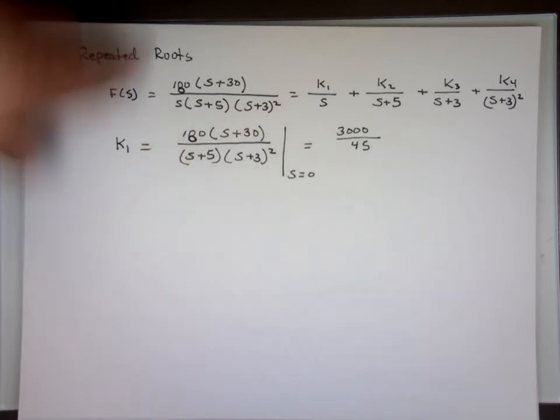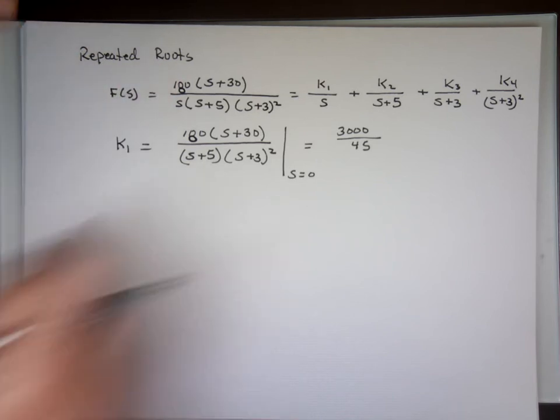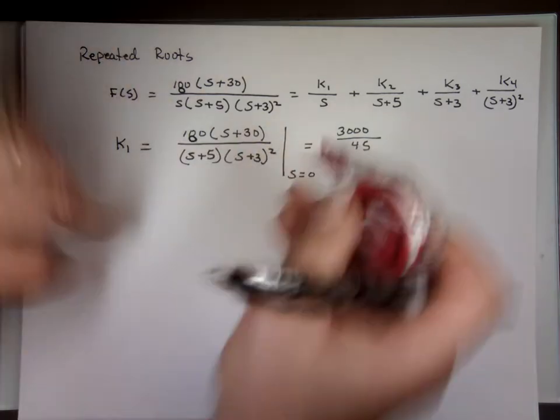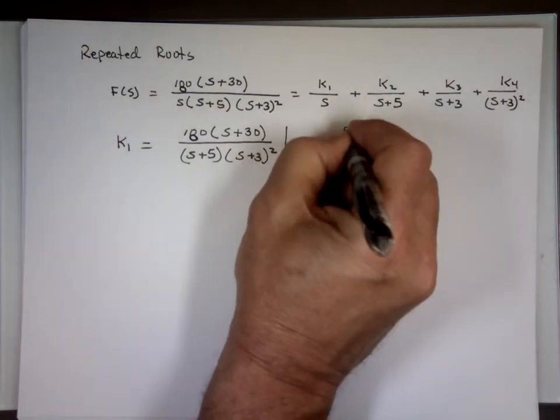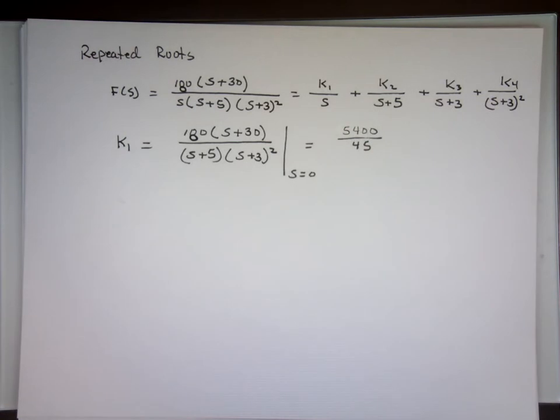Let's make it 180 instead of 100. So 180 times 30 is 5,400. I hope that makes the fraction go away. Divided by the 45. 120? Yep.